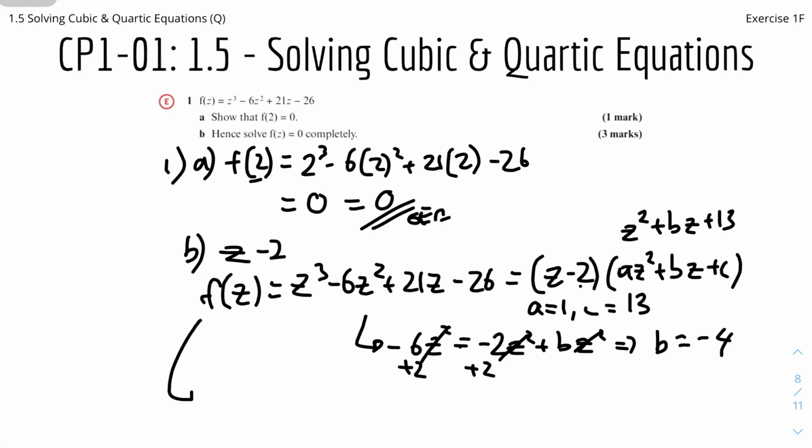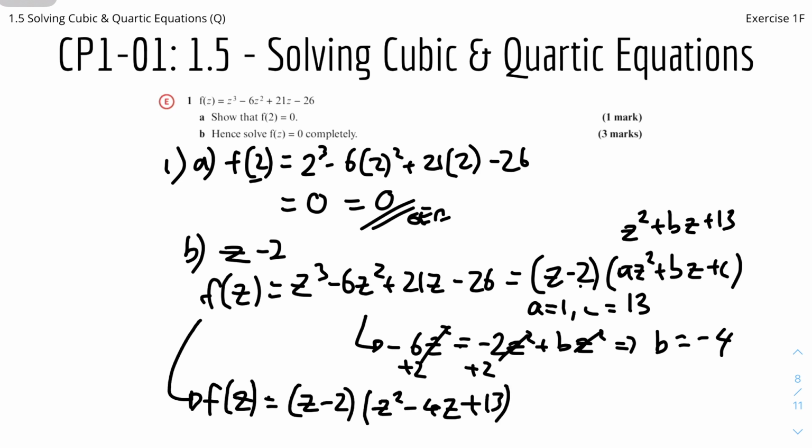Therefore we can rewrite f of z as the original factor, z minus 2, times the quadratic, which is z squared minus 4z plus 13. To solve f of z equals 0, you can just equate this to 0 and solve with your calculator or with the quadratic formula. So we know that this gives us z equals 2.